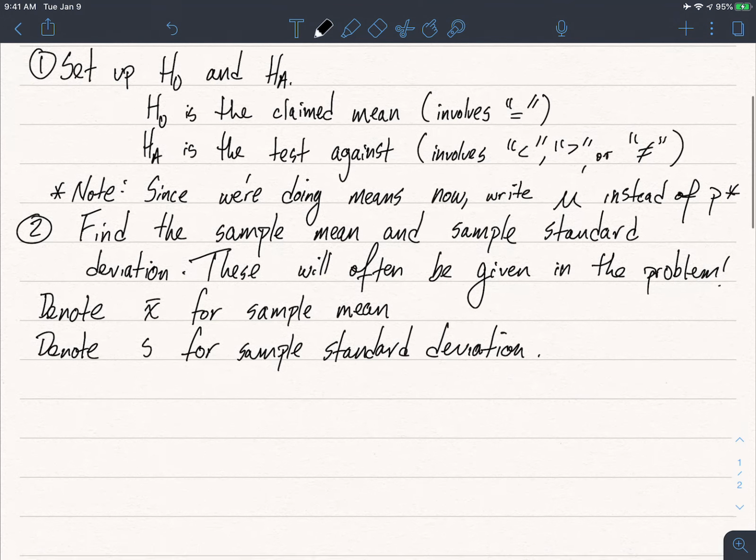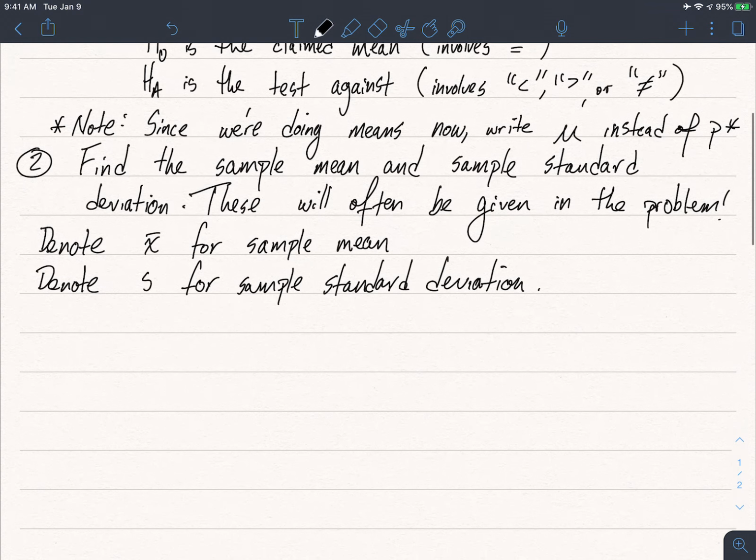All right, so after you find your sample mean and sample standard deviation, just like in step 2 of hypothesis testing for proportions, where you found your p hat, in this one, you find your x bar and your s. After you do that, step 3 is to find the z-score for your sample mean.